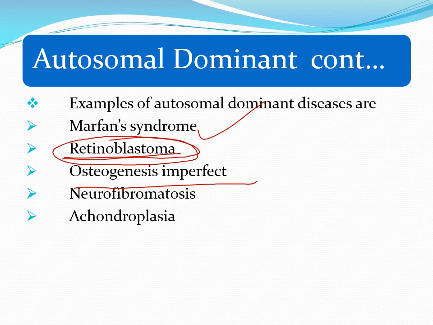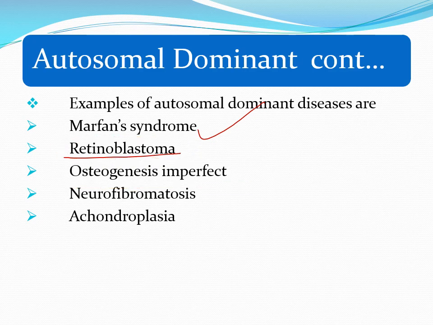Remember we said somatic cell gene mutations lead to either congenital abnormalities or cancer, exposing you to malignancy. So retinoblastoma is a malignancy of the retina. You have a gene mutation in autosomal dominant, leading to cancer in the retina.